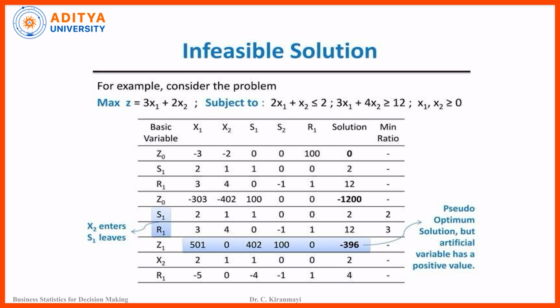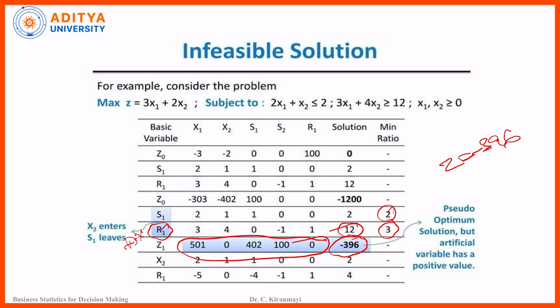See here, in this case, all the net evaluations are positive, indicating the optimum solution. So what is the solution at this stage? The solution at this stage is Z is minus 396, S1 is 2, R1 is 3. See, we still have the artificial variable R1 with positive value.